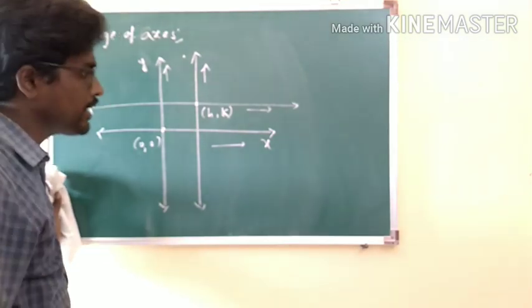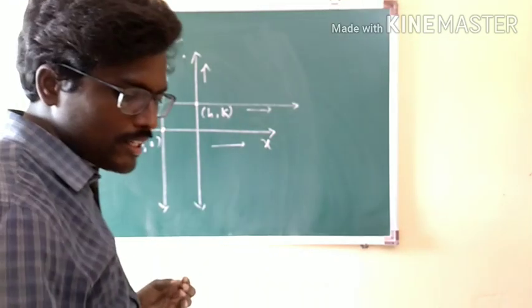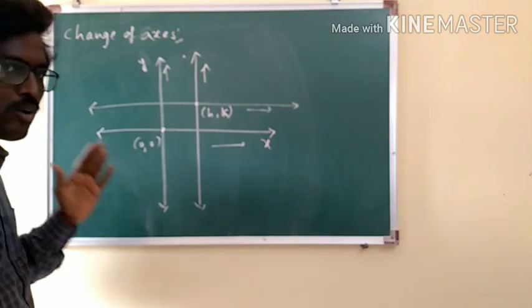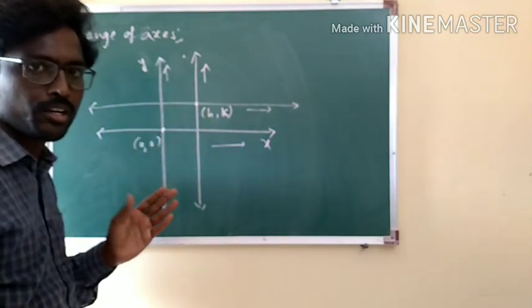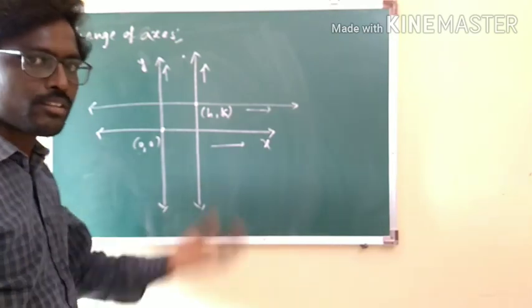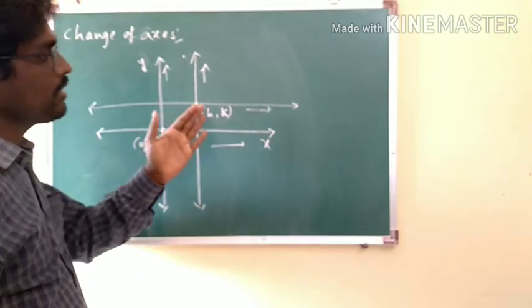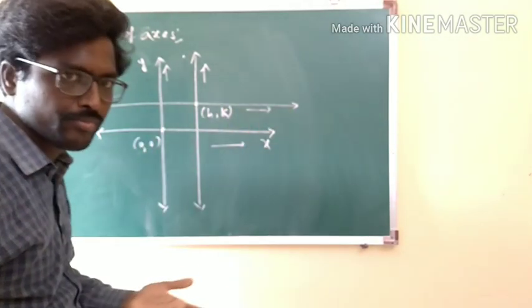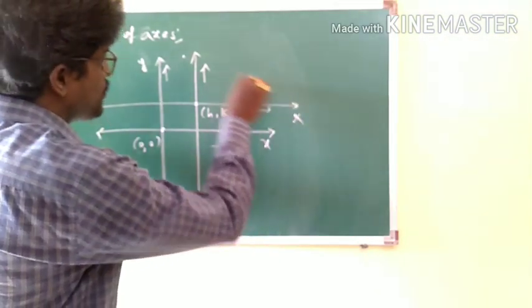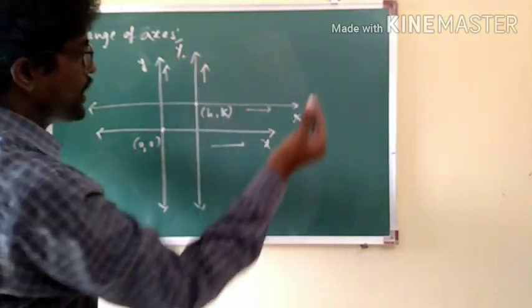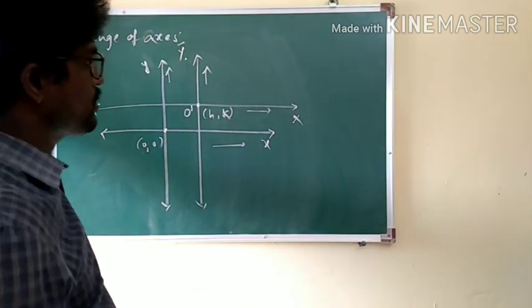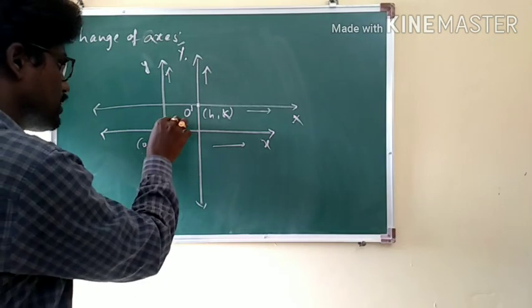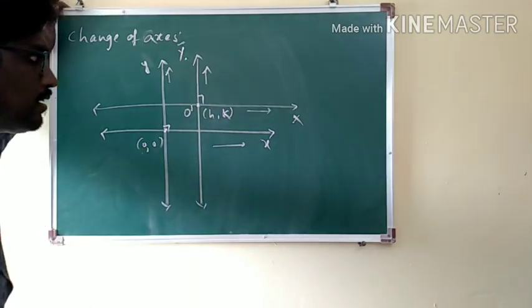Definitely, as the origin is shifted from (0, 0) to (h, k), there will be a change in the coordinates we take from the old system to the new system. The new system we generally take as capital X, capital Y, and the new origin is O dash, and again these two are mutually perpendicular.